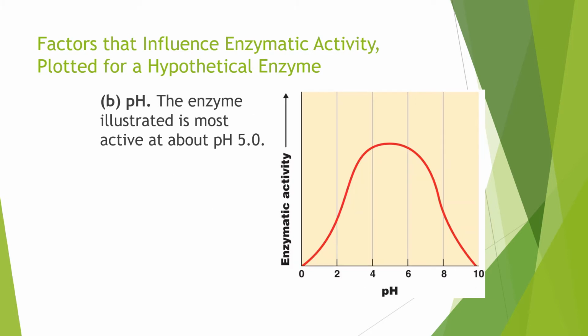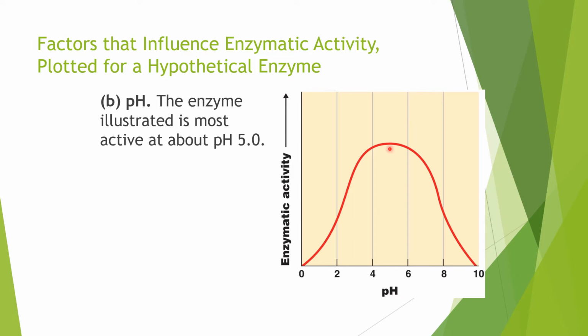Right here, another thing that affects enzyme activity is pH. You can see right here, the pH is graphed on the x-axis, and once more over here we're looking at the enzyme activity. Notice how this certain enzyme works best around a pH of 5, which is pretty acidic.